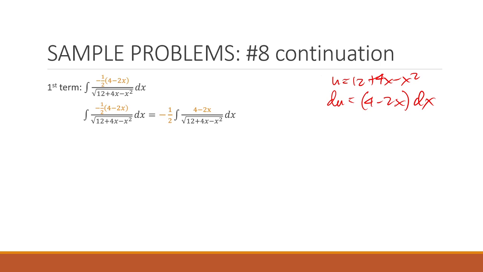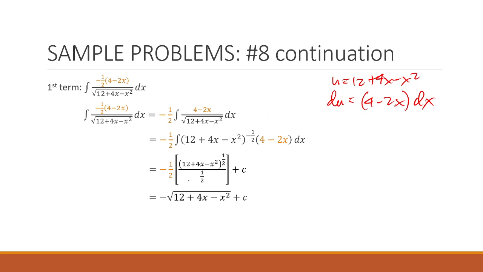Pero para mas klaro, we can rewrite 1 over square root of 12 plus 4x minus x squared as an exponential expression with a negative exponent. This now takes the form u raised to n du. So power rule, right? And then simplify lang. This is now the antiderivative of the first term.